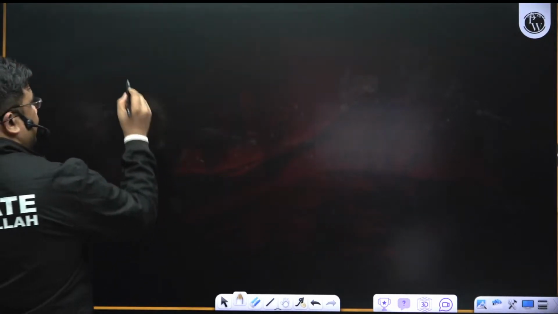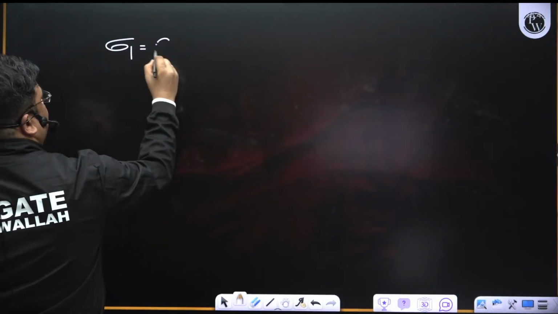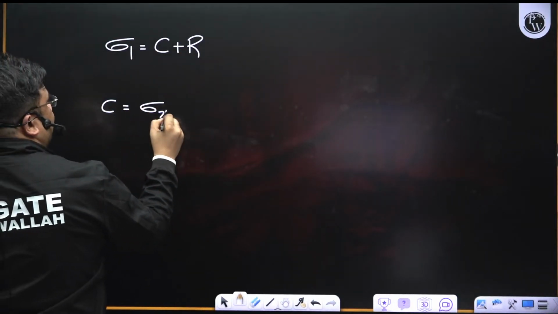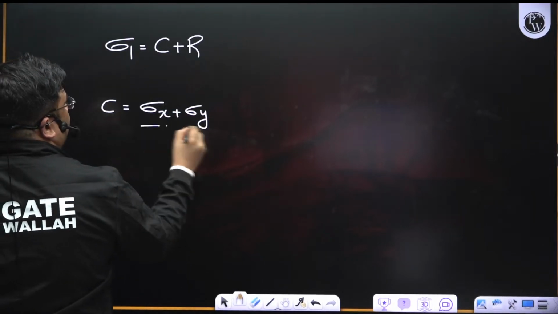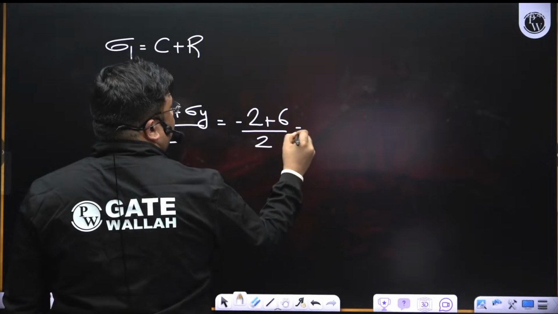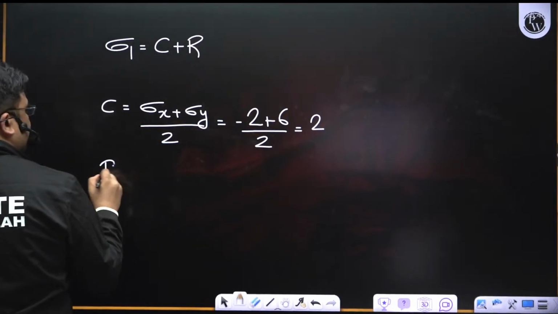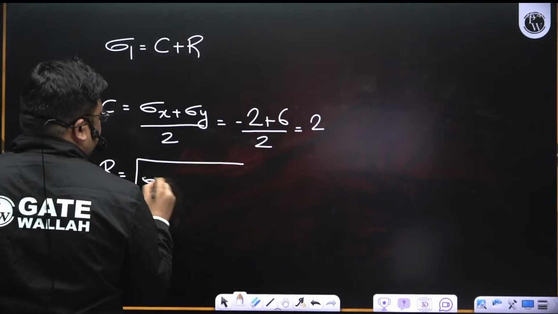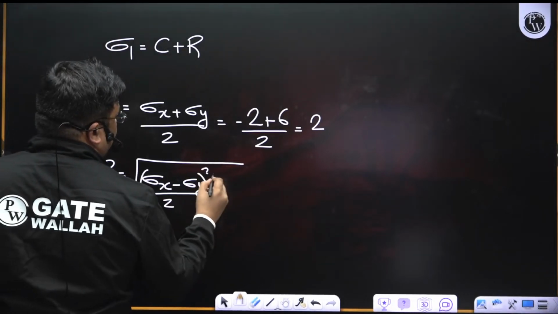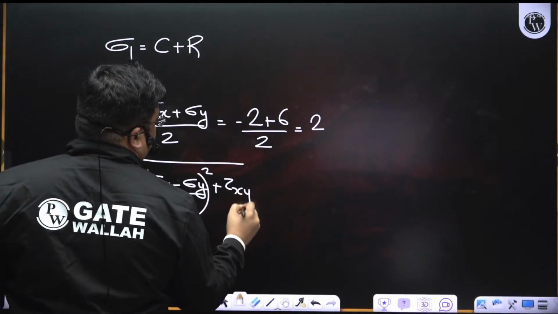Now they are asking for the maximum principal stress. Maximum principal stress is C plus R. The center will be sigma x plus sigma y divided by 2. Sigma x is minus 2, sigma y is 6, so 4 by 2 is 2. And the radius will be root of sigma x minus sigma y by 2 whole square plus tau xy whole square.